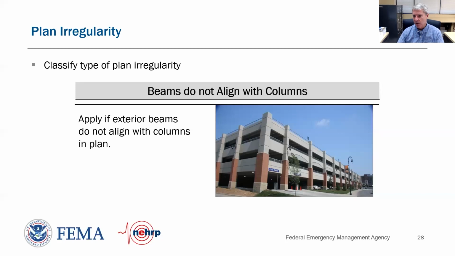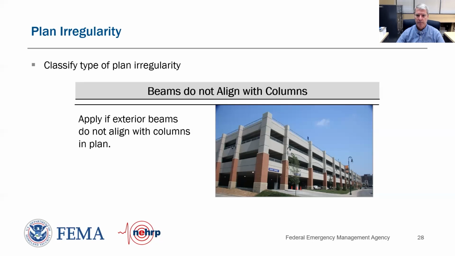Again, it's an architectural type feature, but the lack of alignment between the beams and the columns potentially introduces high stress concentrations. It's visually identifiable, and we flag it. So this is a plan irregularity: beams do not align with columns. Again, for plan irregularity, we don't have to worry about severe or moderate. It's just a plan irregularity.